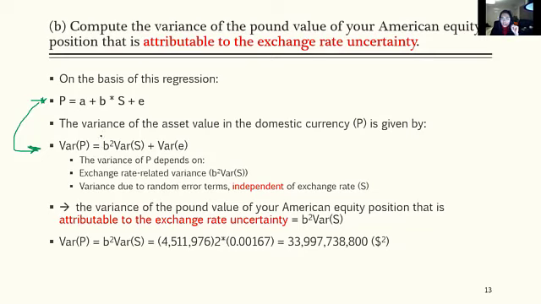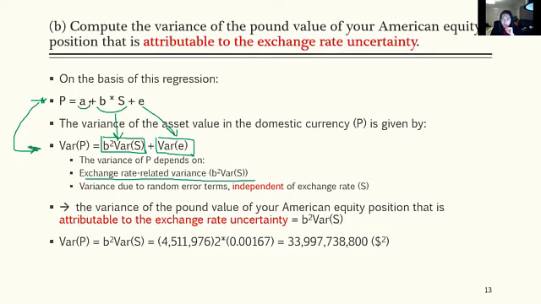The first one is a variance related to the exchange rate movements, so beta squared times variance of S. And where does it come from? It comes from here, okay? And second, the second component is the variance of the error term, okay? So it comes from here.